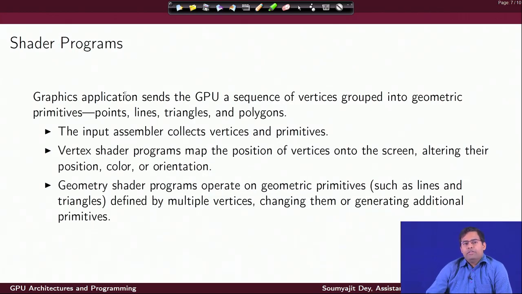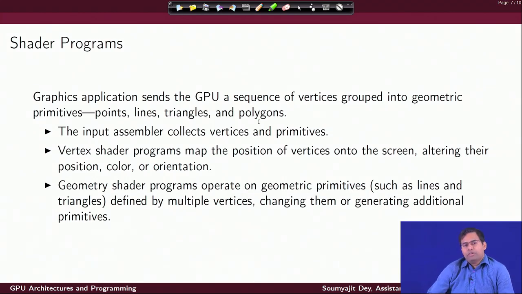The software programs which really do that have a well known name, shader programs. Graphics applications send the GPU a sequence of vertices which are grouped into specific geometric primitives: points, lines, triangles and polygons. So, if you have an application and it tries to render the output graphics on the screen, it has to do the painting, essentially executing the computer graphics algorithm to create the bitmap image.